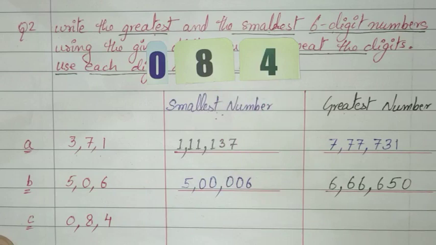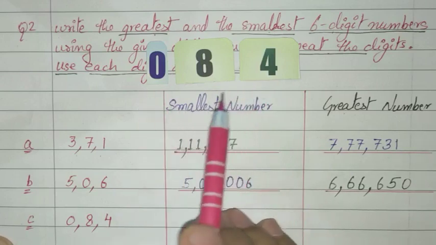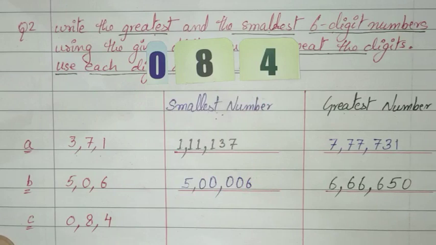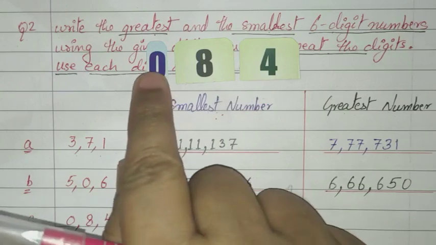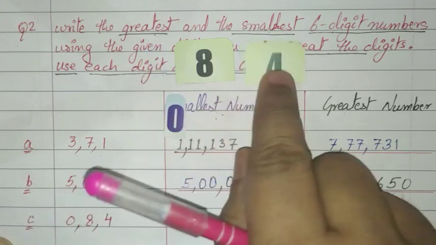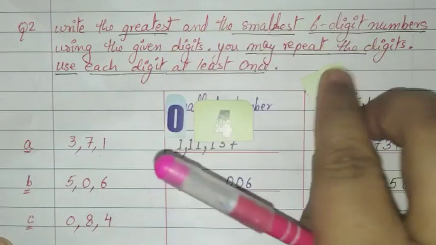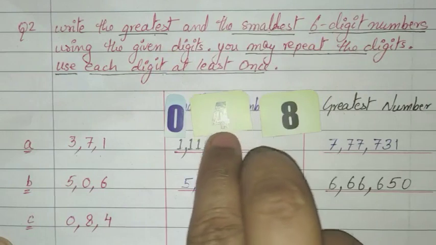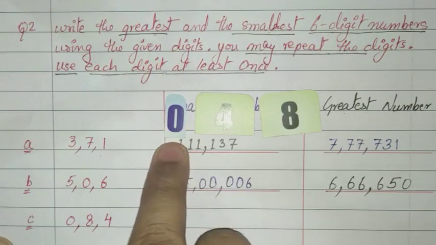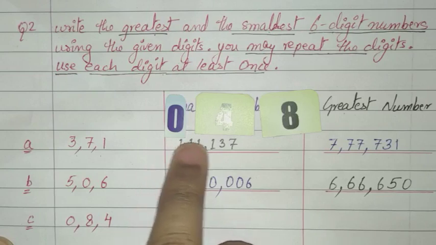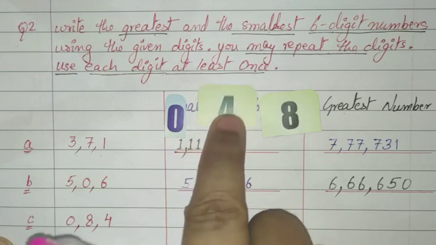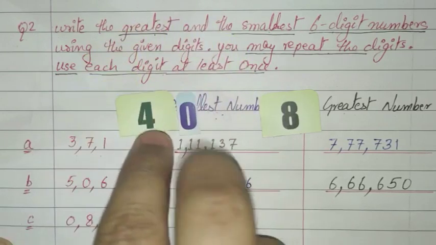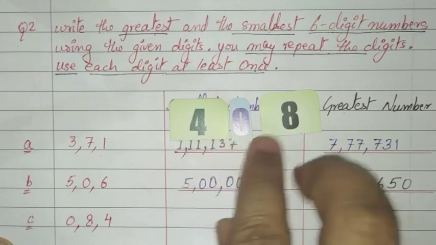For forming smallest number from the 3 digits, you have 3 steps. Arrange the digits in which order? Ascending order. Now arrange the digits in ascending order: 0, 4, and 8. Now if we have 0, then we exchange it with the next smallest number, that is 4. Now the digits are 4, 0, 8.